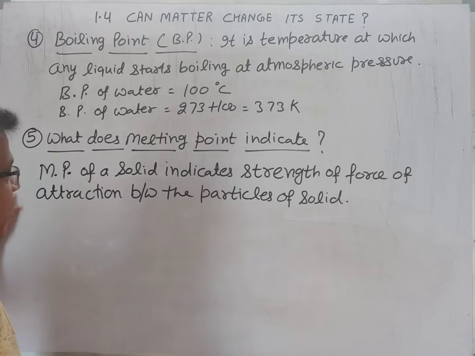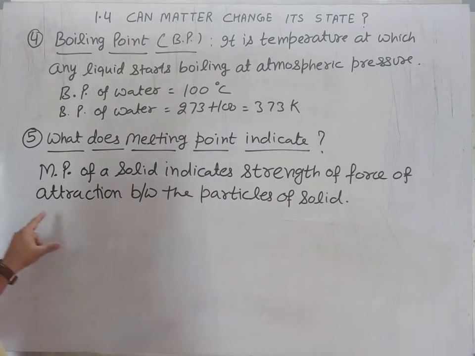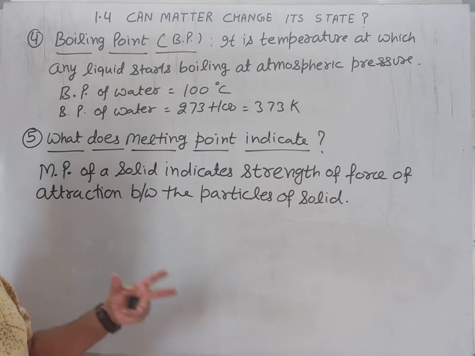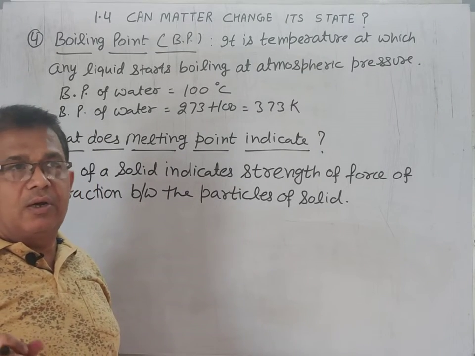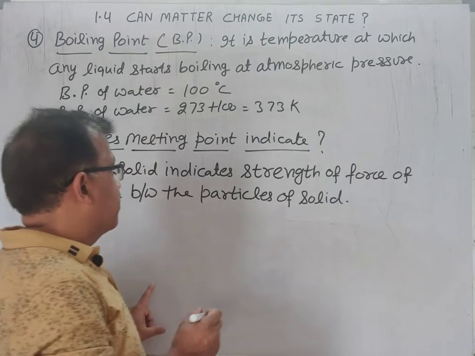If melting point is more, it means particles of that solid are held more tightly, that is strength of the force of attraction between the particle of solid is more.